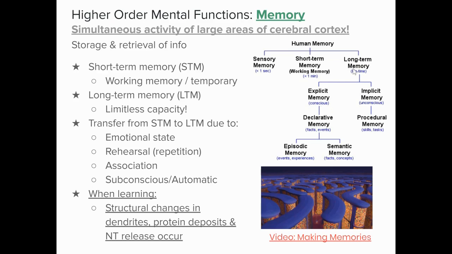There's a limitless capacity to this, and transferring from short-term memory to long-term memory is due to an emotional state, something that you're conscious of, rehearsal, repetition. Studies have found that in order for something to stick, you have to learn it 7 times. Some of us are really fast and can remember everything, but 7 times. Sometimes some type of association, and then subconscious or automatic processes. Looking over here, explicit memory, you're conscious, you're aware of it. Maybe it's a repetition.